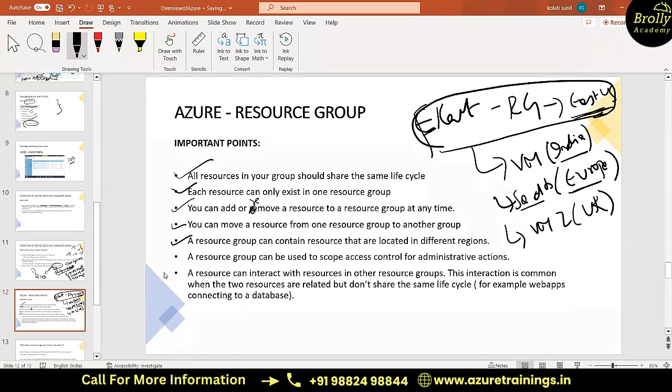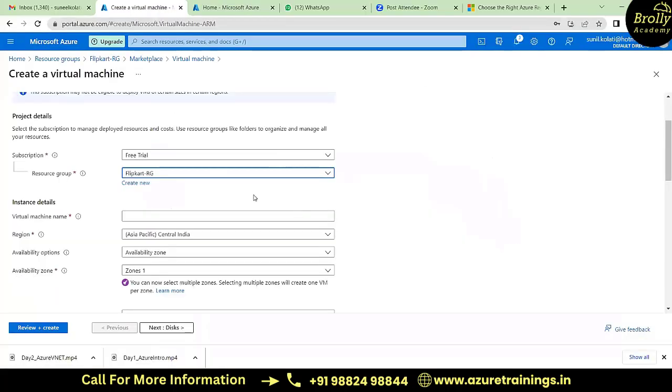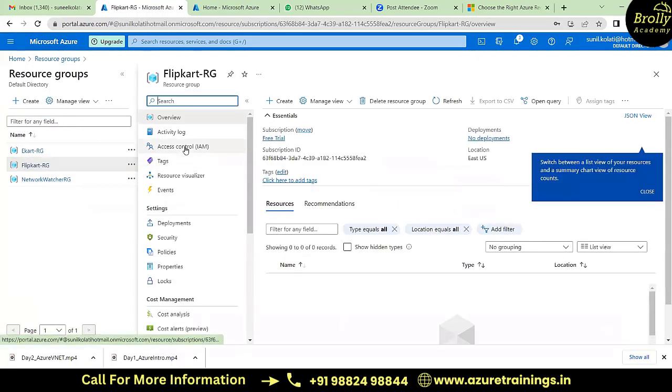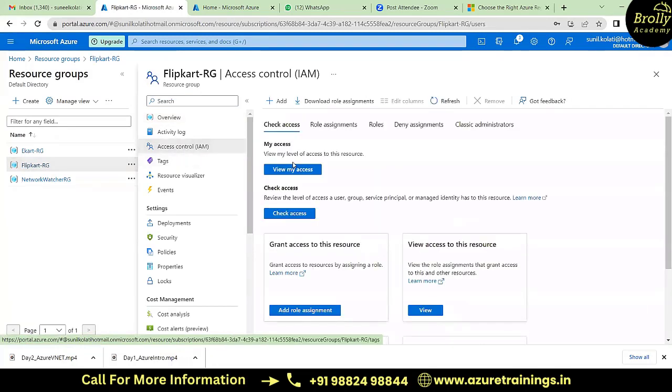The next point is that a resource group can be used to scope access control for administrative access. I mean, we can provide access at the resource group level. We have one tab, access control. I can create a user with the help of Active Directory. Once the user is created, I can provide access to the user using this IAM access control tab.